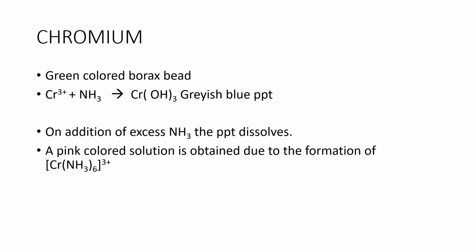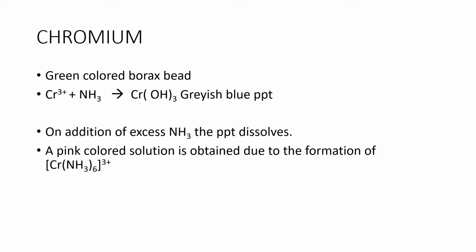The second test, that is the addition of liquor ammonia to a chromium aqueous solution, will result in the formation of a grayish blue precipitate that is due to the formation of chromium hydroxide. However, this precipitate will dissolve on the addition of excess ammonia.